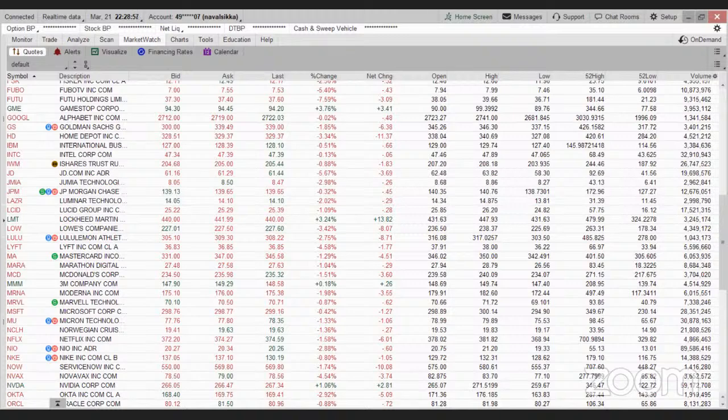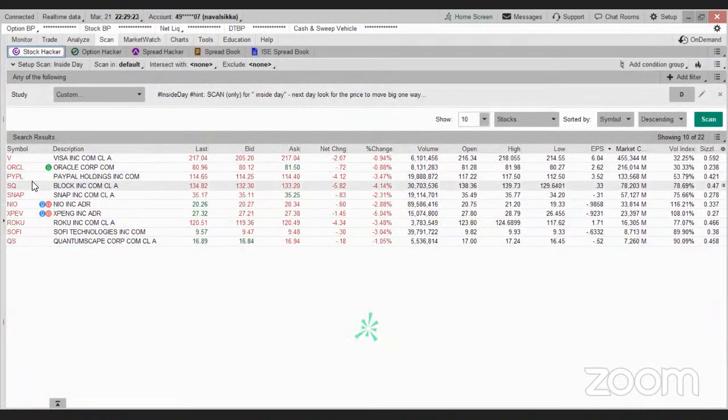Also I'm getting rid of NQ because I don't trade NQ too much. I'm just keeping ES and QQQ. That gives me clarity, because NQ I do not trade and it becomes too much information for me. So I'm just getting rid of it. And I have opportunity to add one more ticker. Square, PayPal.